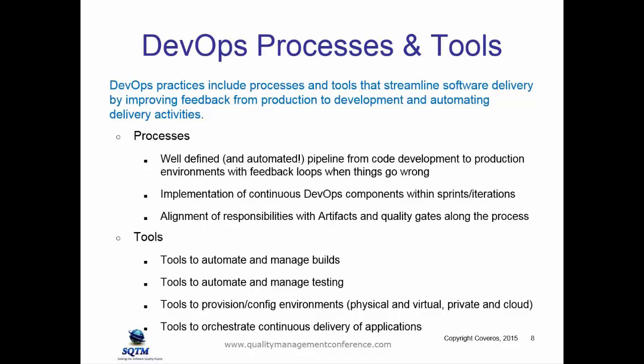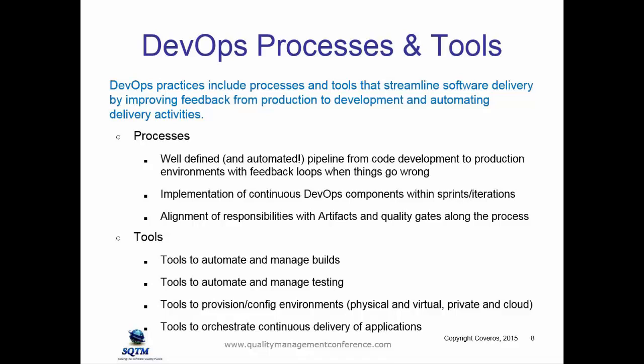code out to production. As mentioned, there's also a bunch of tools that you can leverage and use. Tools to manage and automate your builds, tools to manage and automate your tests, tools to provision and configure environments, whether they're virtual, whether they're physical, whether they're out in the public cloud, whether they're in the private cloud, no matter. There are tools available to help that process and automate some of that process.